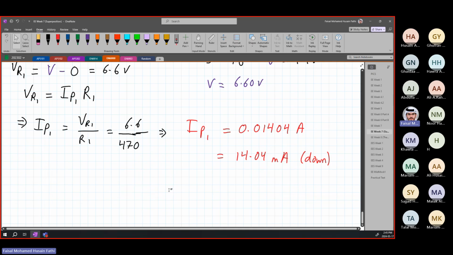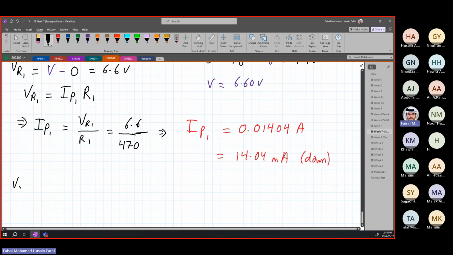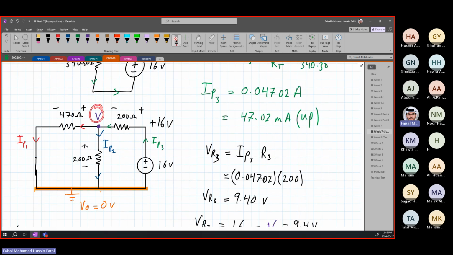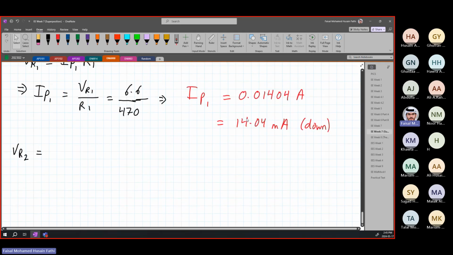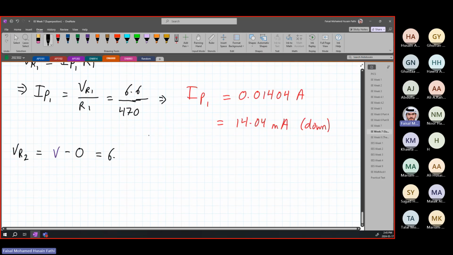Again, we're going to do the same thing for VR2. So VR2 is equal to, if we look at VR2 over here, this is the positive side, and 0 is the negative side. So it's again V minus 0, which is equal to 6.6, was it? Yes, 6.6 volts. VR2 is equal to IP2 times R2.